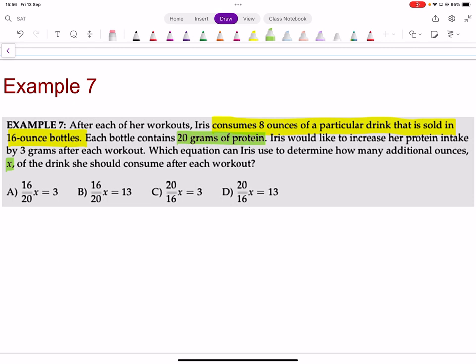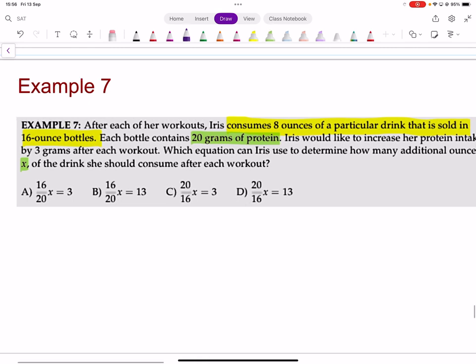What's the ratio of the drink and protein? What's the ratio? 16-ounce bottle, 16 ounces of drink, they have 20 grams of protein. That's the ratio, right? 4:5. So we can say 16 ounces corresponds to 20 grams of protein, right?